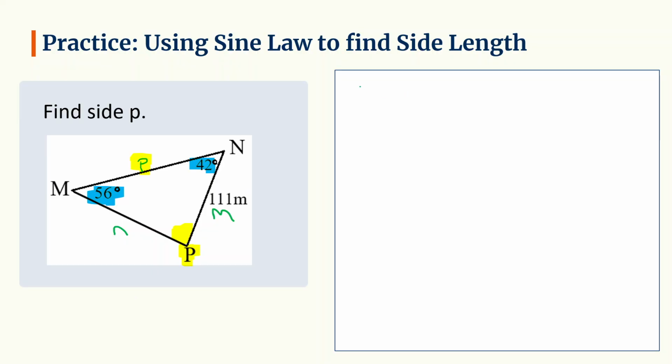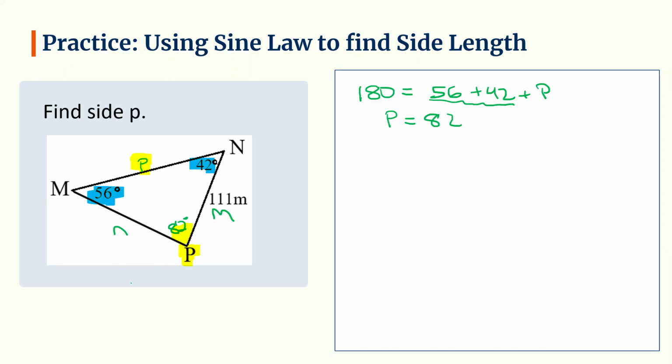I'm going to say that 180 is equal to all the angles, 56 plus 42 plus P. And then if I solve for P, I would get that P has to be 180 minus 98. So these two together add to 98. Subtract, I get that P is 82. So now I know that angle P is 82 degrees.